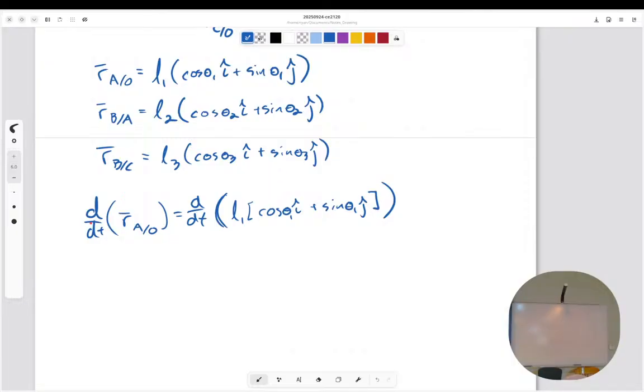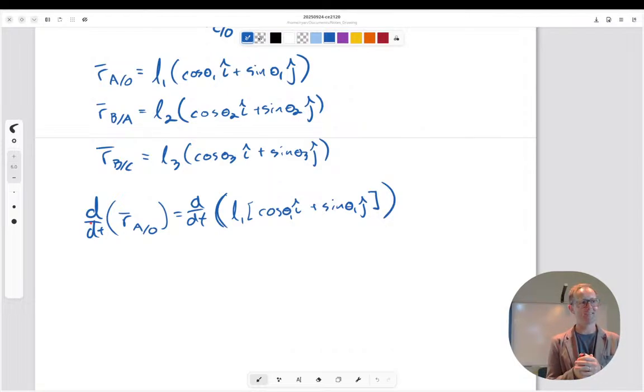We have a hint up on the board. The chain rule. How is the chain rule applied here? What is Jimmy talking about?